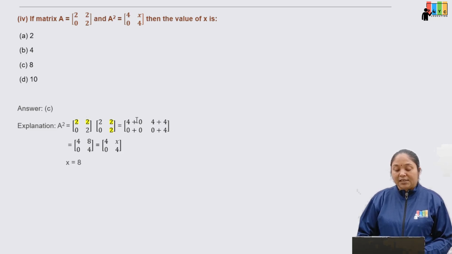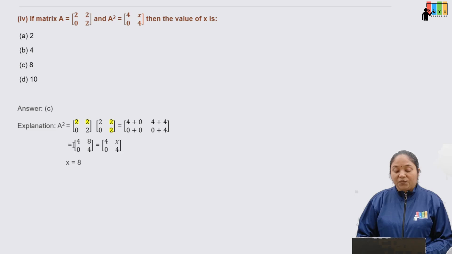So 2 into 2 plus 0, that means 4 plus 0, then 2 into 2 plus 2 into 2, that is 4 plus 4. Then 2 into 0, and 2 into 0 plus 2 into 2, that means 0 plus 4.